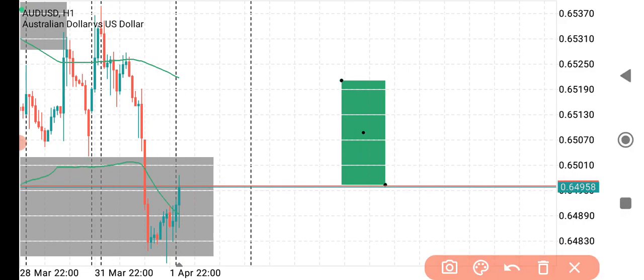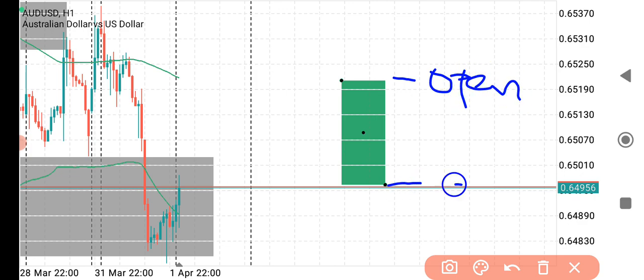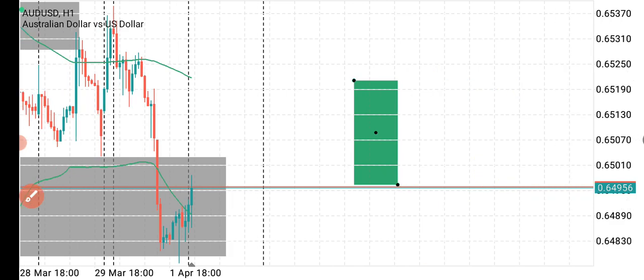So what happened? The candle opens here and the candle closes here. If this candle opens here and closes here, it simply means that sellers win, regardless of the color.